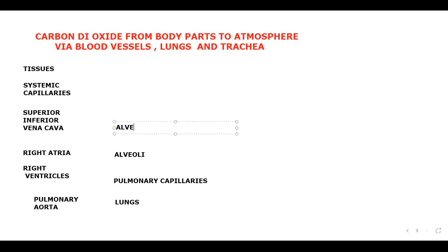Yes, very good. Reverse order. So alveolar ducts. Then respiratory bronchiole. Terminal bronchiole, then respiratory bronchiole, alveolar duct, as we said. Respiratory bronchiole, very good. Terminal bronchiole.